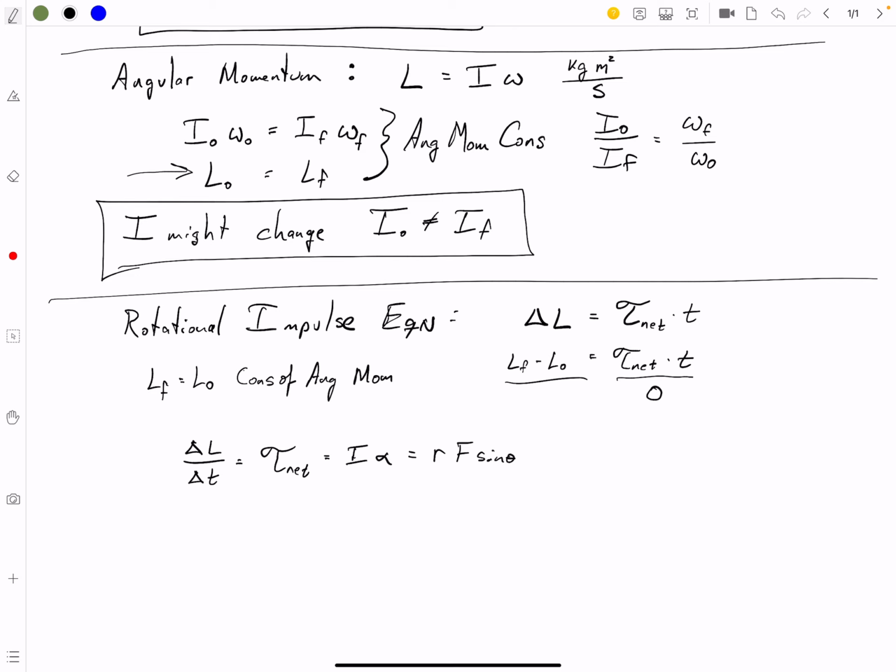So that is a rotational impulse equation.